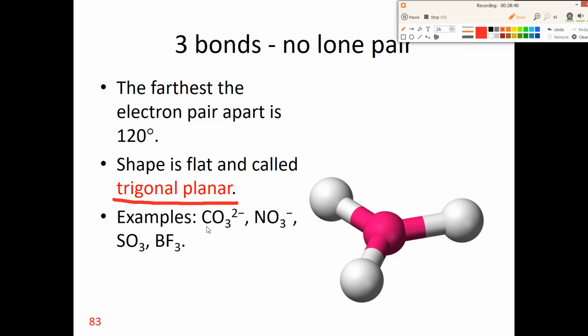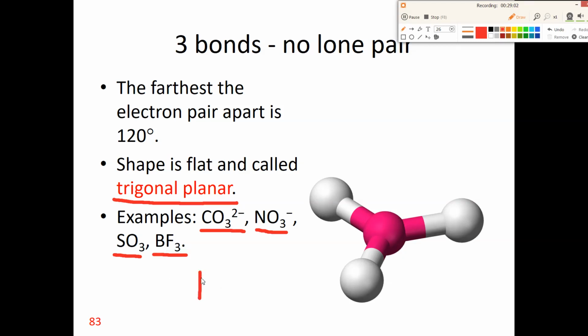So examples are the carbonate ion, the nitrate ion, SO3, BF3, all those examples. If you draw the Lewis dot structure, you're going to know this.